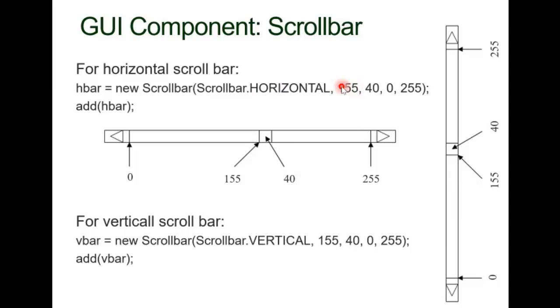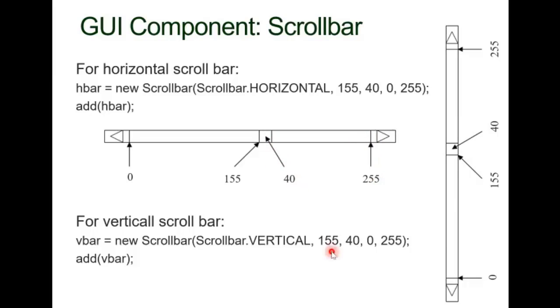Then 155 is the location in the horizontal, and 40 is the size of the scroll bar. Then the minimum value starts from 0, and the maximum is 255. So 155 is the current location, then the size of the bar, and then the range.